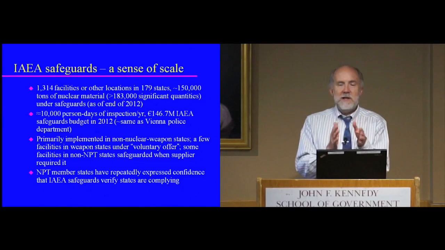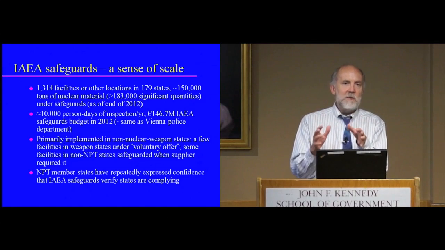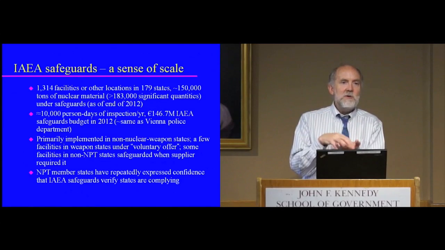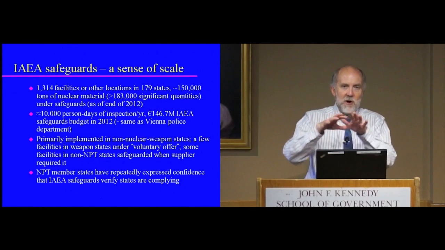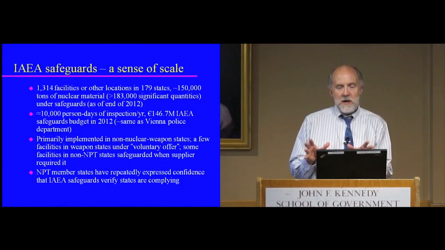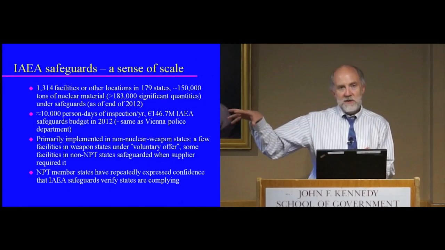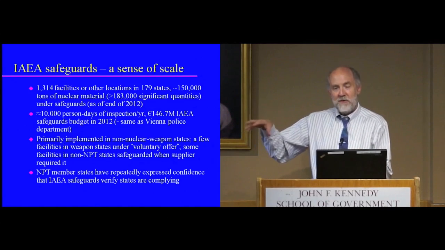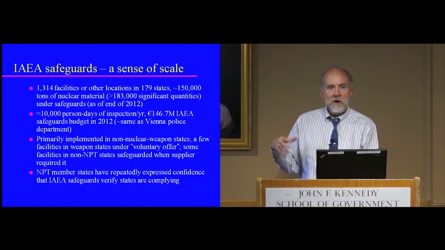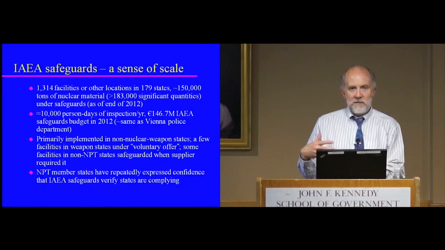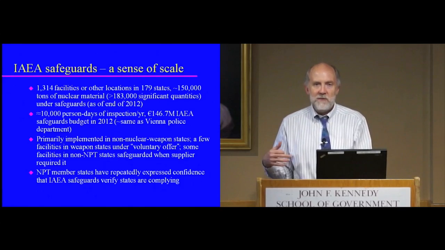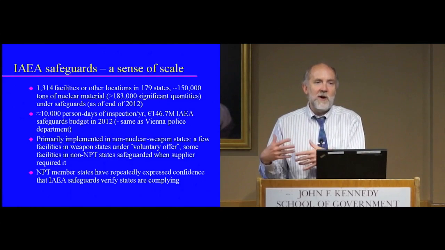So the treaty says if you're a non-nuclear weapon state, you have to accept inspections of all your nuclear activities, whereas you don't if you're a nuclear weapon state. However, the nuclear weapon states have all entered into what are called voluntary offer agreements, where they say, well, we'll let the IAEA inspect some of our facilities.